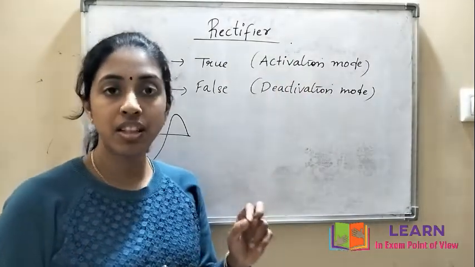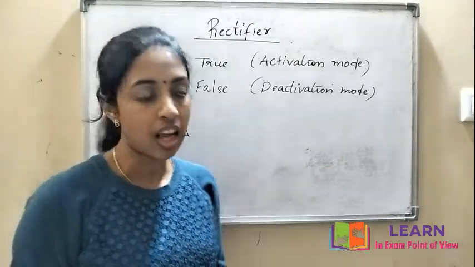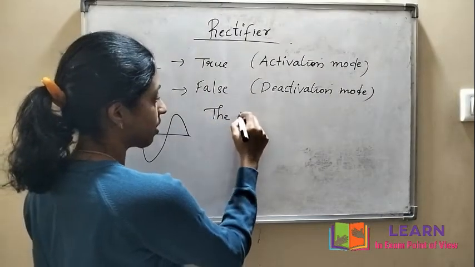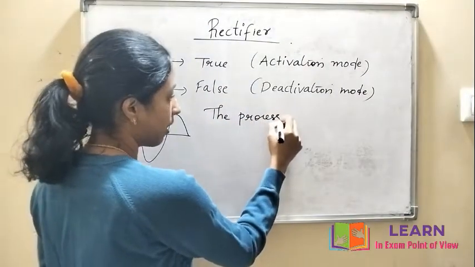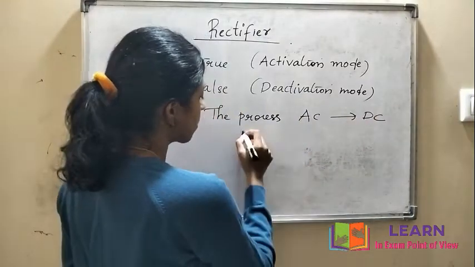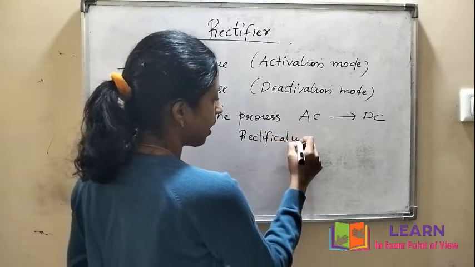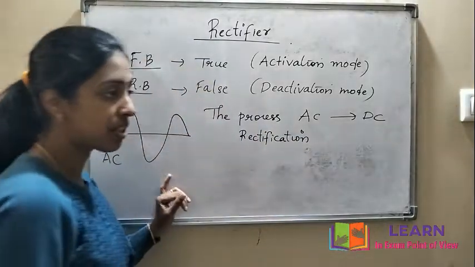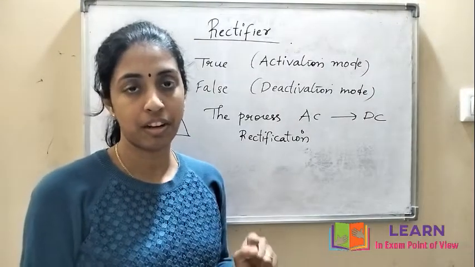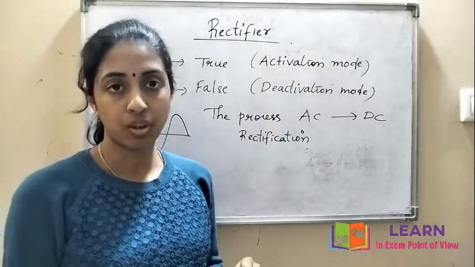A rectifier circuit helps with this conversion. The process of converting from AC to DC is called the rectification process, and for that we need a rectifier circuit which includes a PN junction diode. Fine, this much basic information we can note.